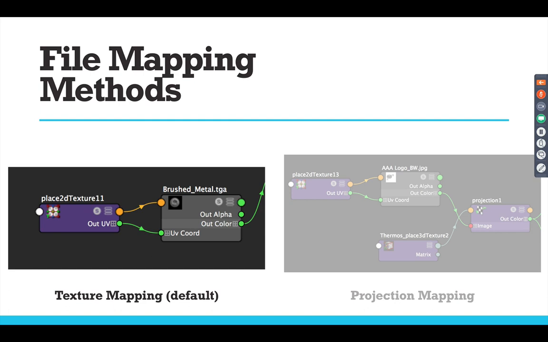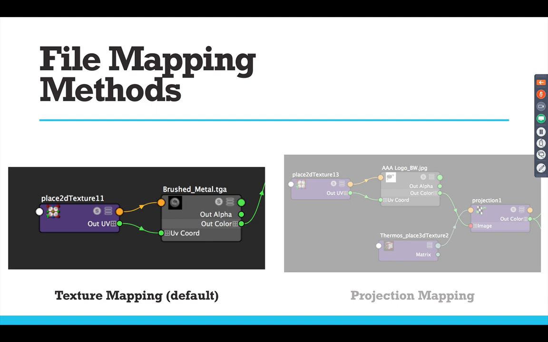U and V. It was like a trick question. U and V, you're sliding it across a surface in 2 dimensions. So technically, yes, it could be X and Z or X and Y, depending on whether you have Z up or Y up in your parameters. But for the most part, Maya keeps track of it in UV space.